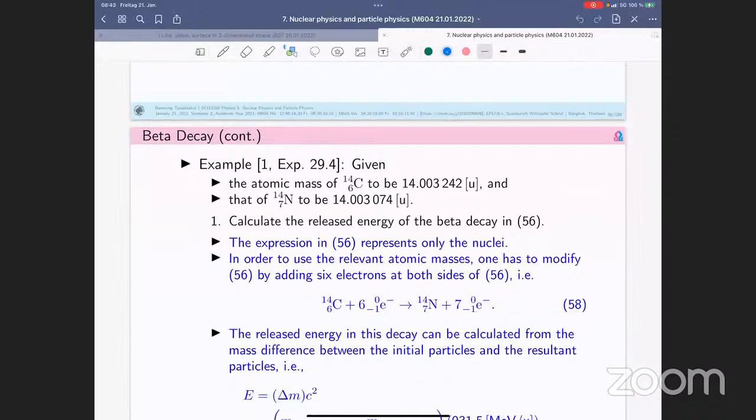Test one, test 1 2 3. Yes, we arrive at this example for M604.